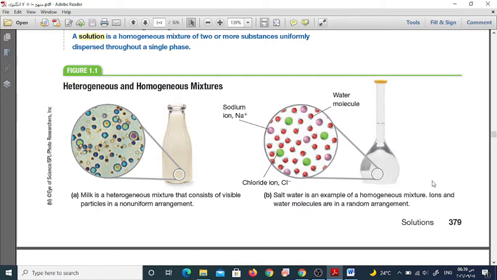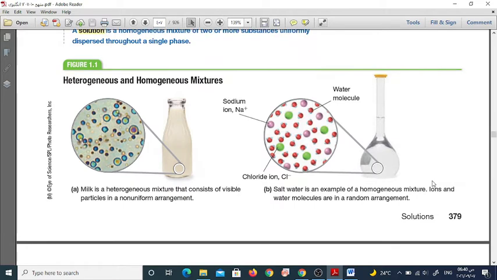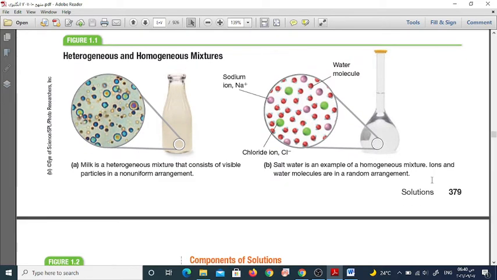Homogeneous is clear, the solution is clear, while a heterogeneous mixture has suspended and colloid particles in it. Examples of heterogeneous mixtures are orange juice, blood, milk, etc. And examples of homogeneous mixtures include sodium chloride dissolved in water, sugar dissolved in water, etc.